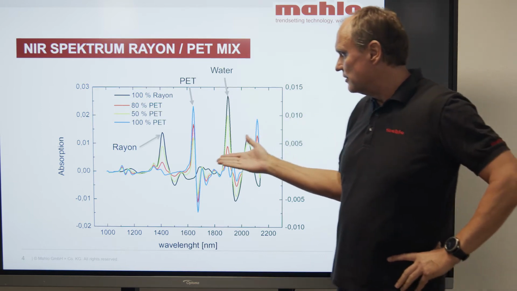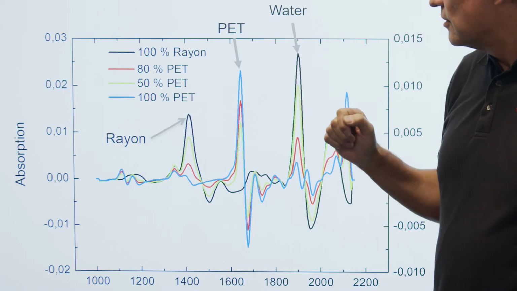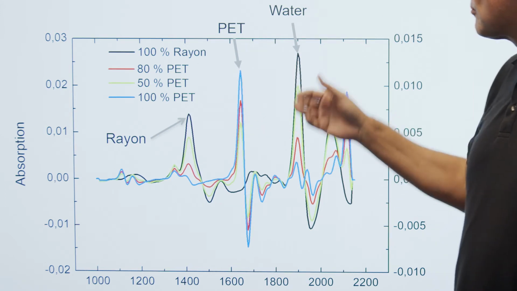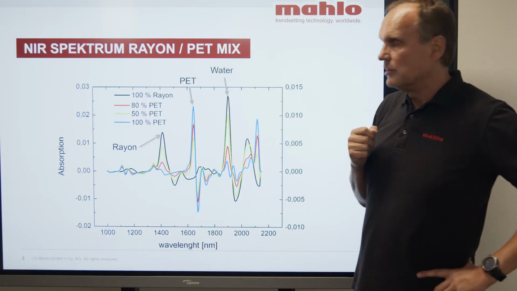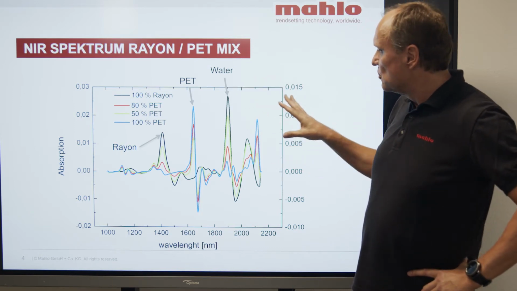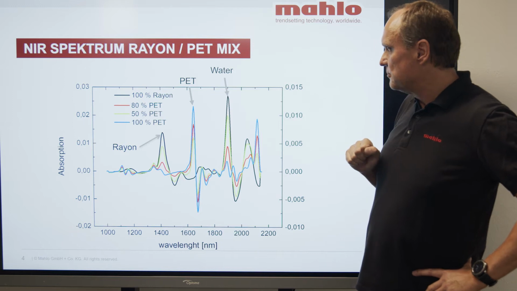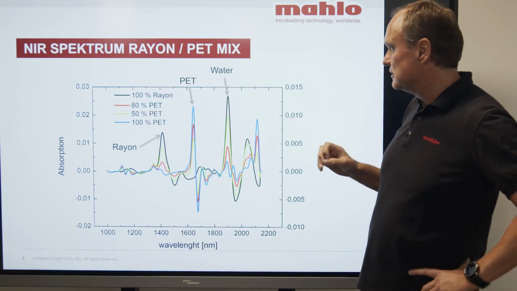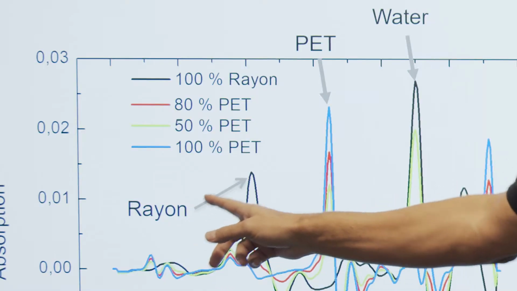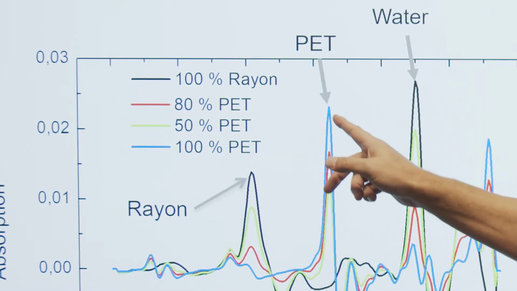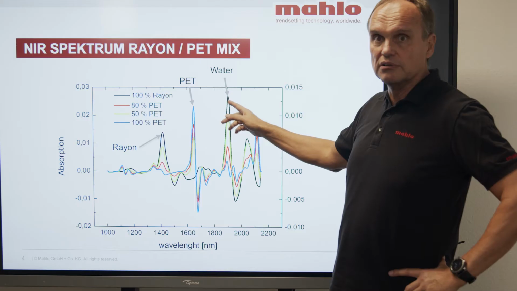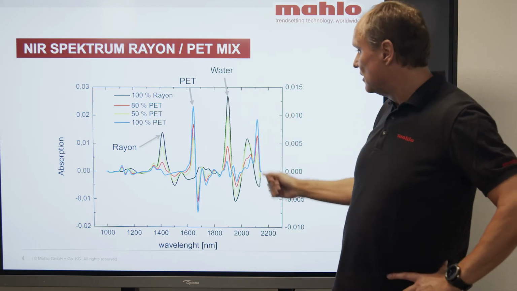So we have a nonwoven consisting of rayon and PET, and this material also contains a residual moisture. With the multi-channel measurement of the near-infrared sensor, we detect this peak for the rayon, here the PET, and the water, which is our moisture.